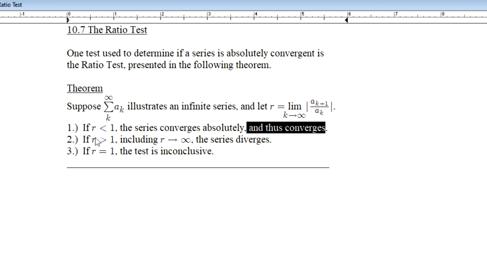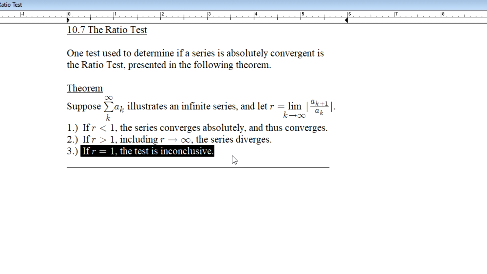Whereas if r is bigger than 1, which does include the case for r itself being an infinite limit heading towards infinity, the series diverges. And the one drawback to this test is the case where r equals 1. When r does equal 1, we end up with what we call an inconclusive result in this test.